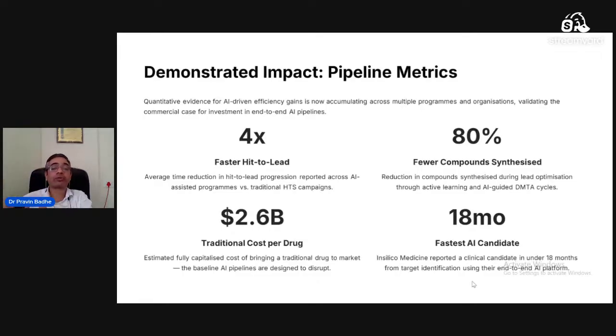Due to that, traditional cost is going to reduce, and the candidate moving from synthesis into in vivo and clinical is moving faster. It is taking about 18 months now, which was previously about 5 to 7 years. It has already been shown by Insilico Medicine that the candidate moves into the clinical phase in 18 months' time. So we will see now from clinical to the market how long it takes and how many candidates are reaching.